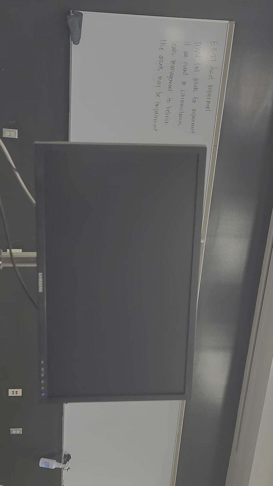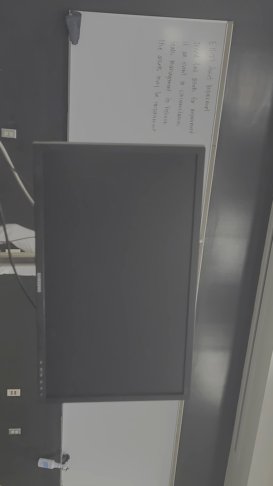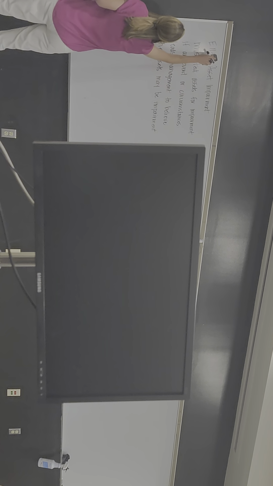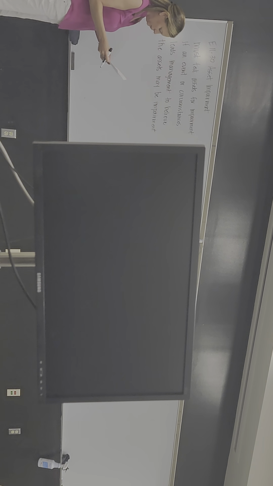I'll do one more that's similar to this because I think this one is more like your homework. This leaves out one little piece. So let's look at exercise 11-30. Same topic. Corporation operates a manufacturing plant in Arizona.